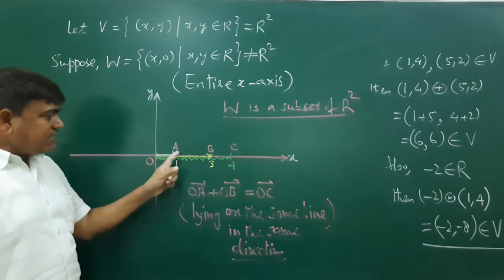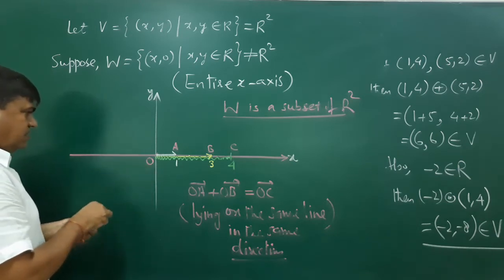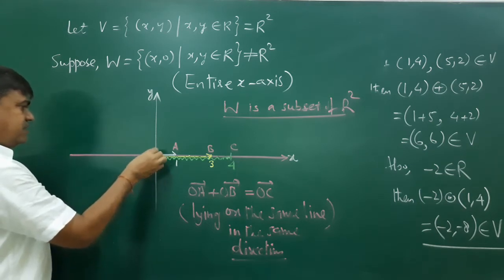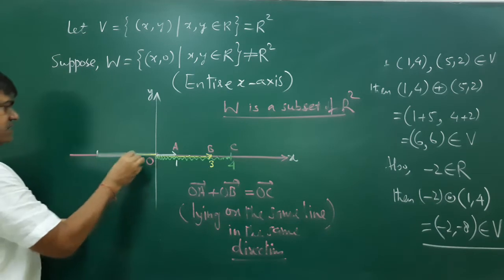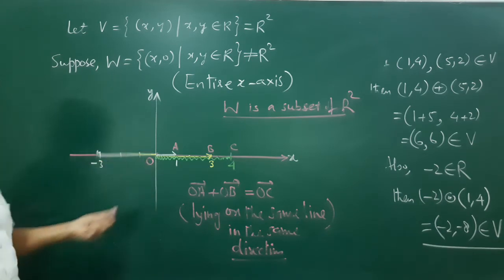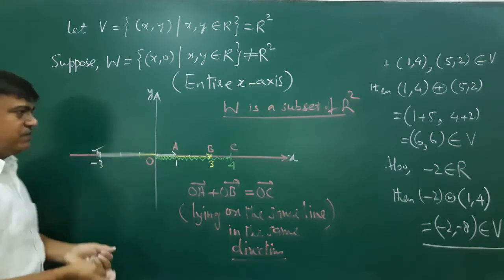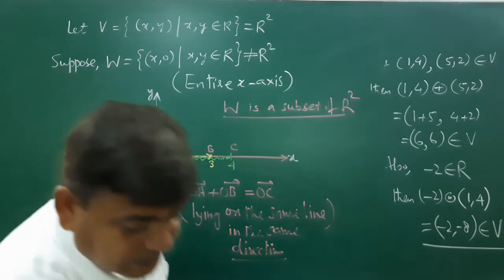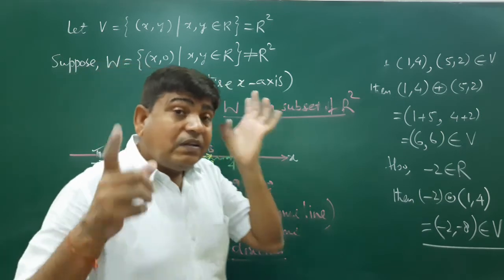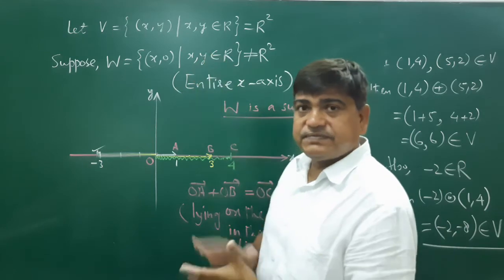Similarly, if I multiply by a negative sign, suppose this white line, for example 1, 2, and here it is 3. So this is minus 3. If this is multiplied by minus 3, then again you will find a point on this line only. That means if we apply all the 10 axioms of vector space, you find all are satisfied.